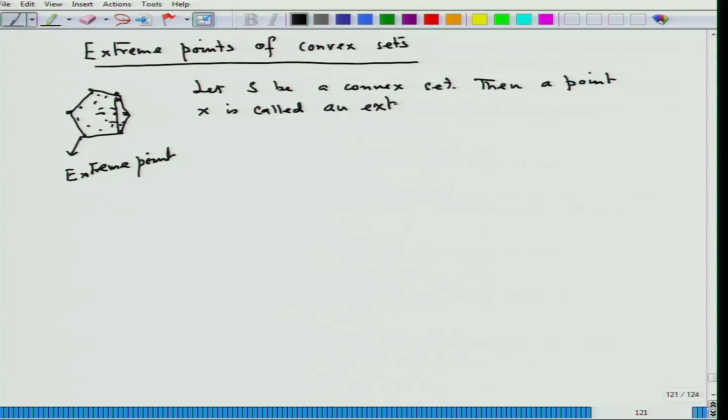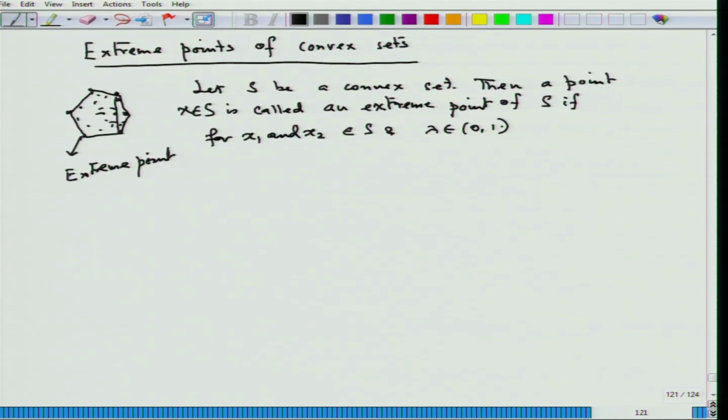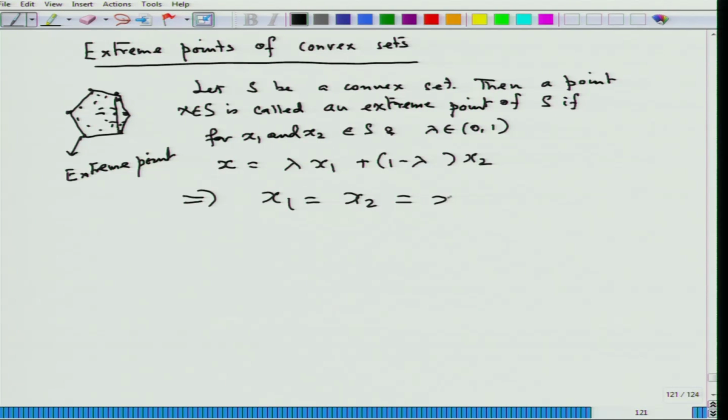So, this is a point x obviously in S. If you are not happy, then I can write like this, that point x element of S is called an extreme point of S if for x1 and x2 element of S and lambda element of (0,1), x equal to lambda x1 plus (1 minus lambda) x2 implies that x1 is equal to x2 equal to x.